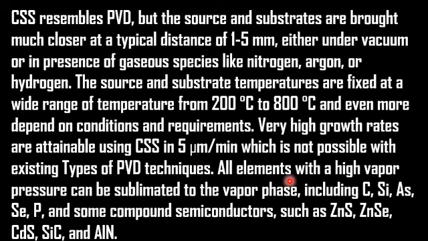All elements with higher vapor pressure can be sublimated to a vapor phase, including carbon, silicon, selenium, phosphorus, and some compound semiconductors such as zinc sulfide, zinc selenide, zinc telluride, cadmium sulfide, silicon carbide, and aluminum nitride, etc.